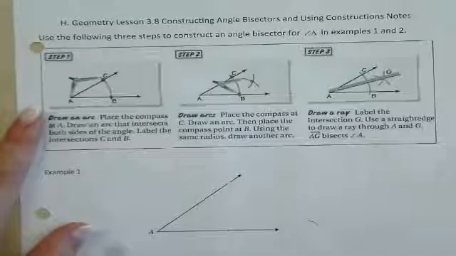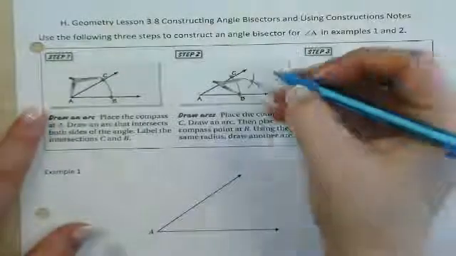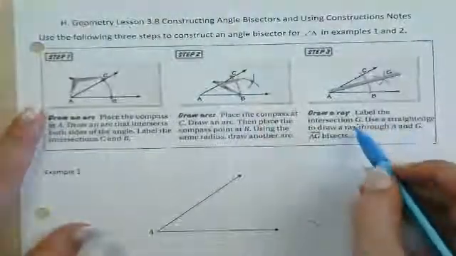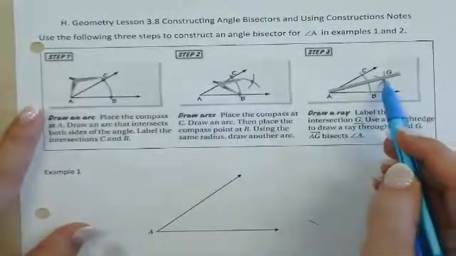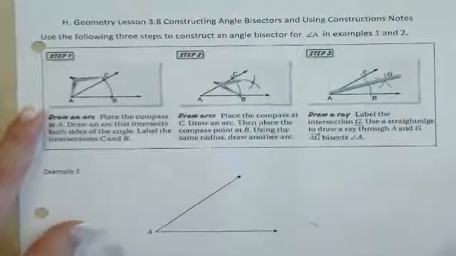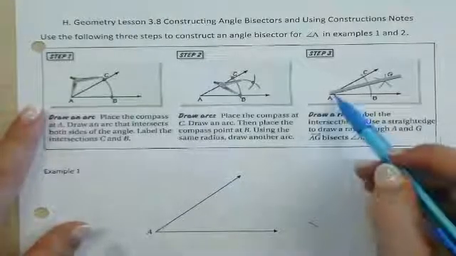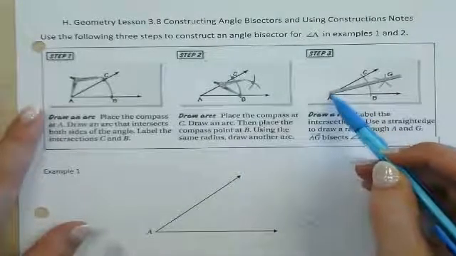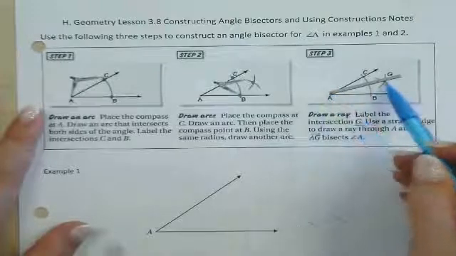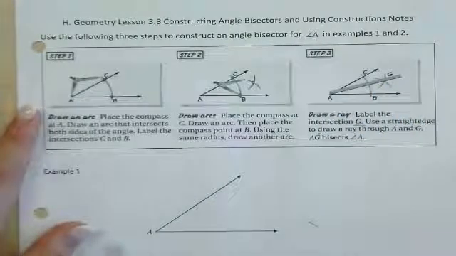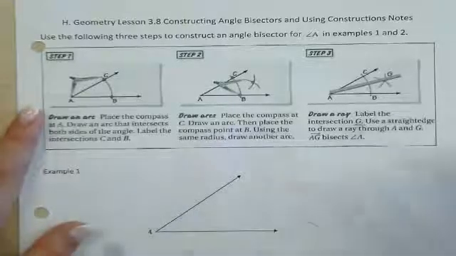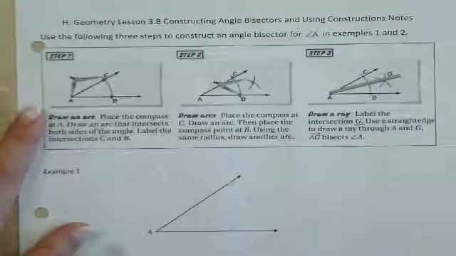They named that intersection point G. The final step is to take a ruler or straight edge and draw a line through point A, your vertex, and point G. Those are the 3 steps we take to construct angle bisectors.